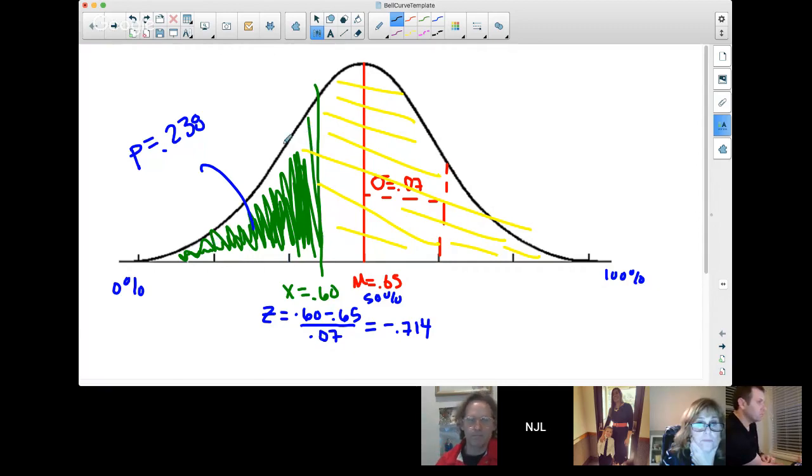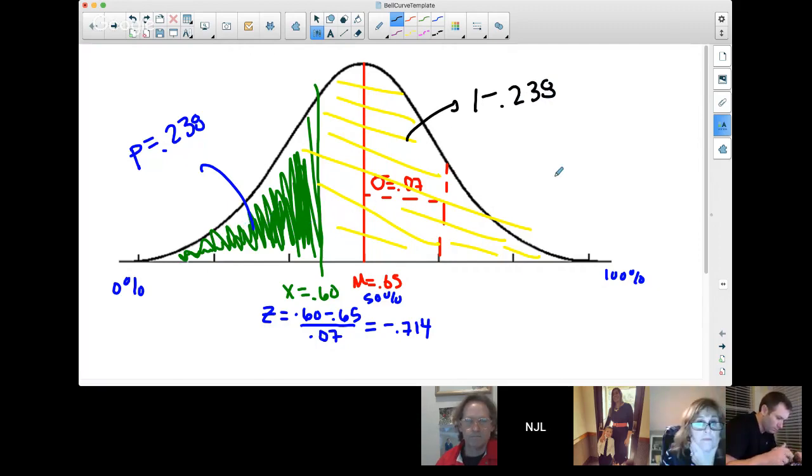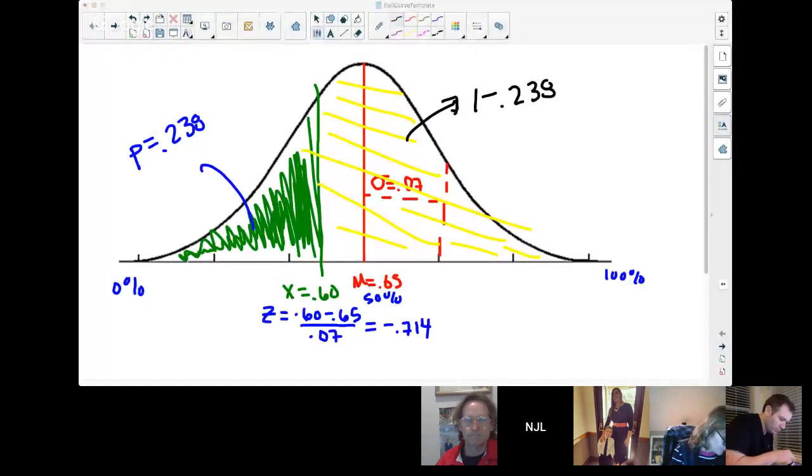And if this part in the green is 0.238, then you know this yellow part will have to be 1 minus 0.238, in order that the pieces together give you the 1. But you don't have to think about the complement rule. You can just merely shade the normal probability applet.